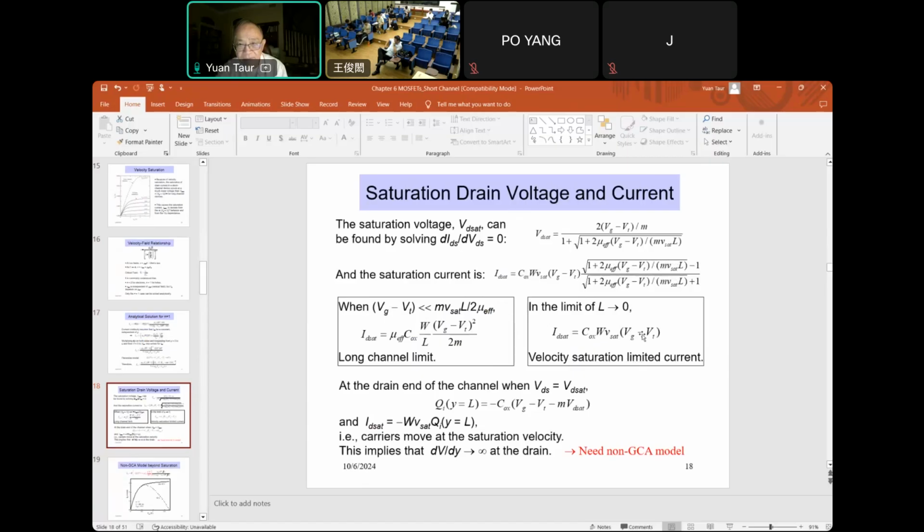C_ox times (V_g minus V_t), that's Q_i. So it's W Q_i V_set. That means that even at the source, the velocity is already saturated. And that's the highest current you can get, regardless of the channel length.